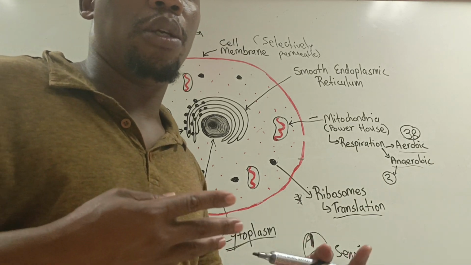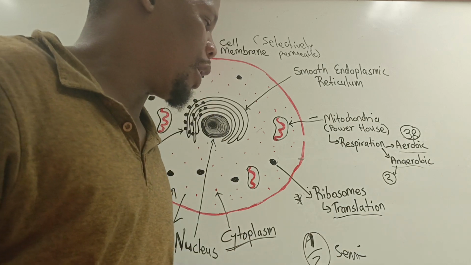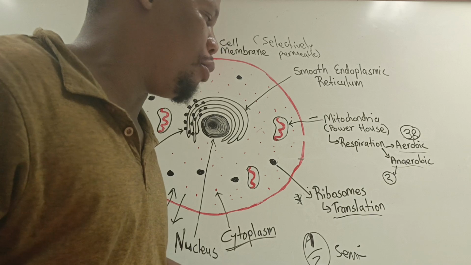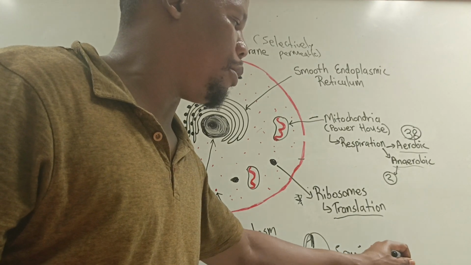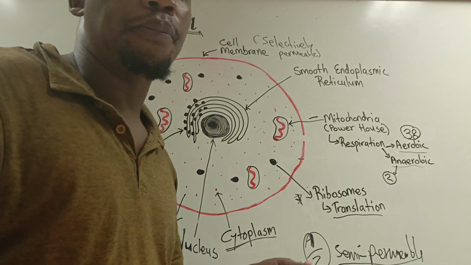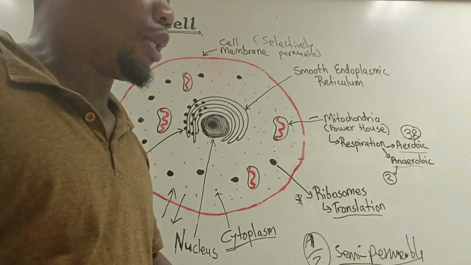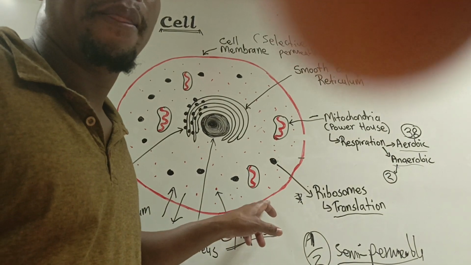That quality of the viscin tubing allowing only one out of two to pass is half permeable, or semi permeable. Viscin tubing is semi permeable, but the cell membrane is selectively permeable.